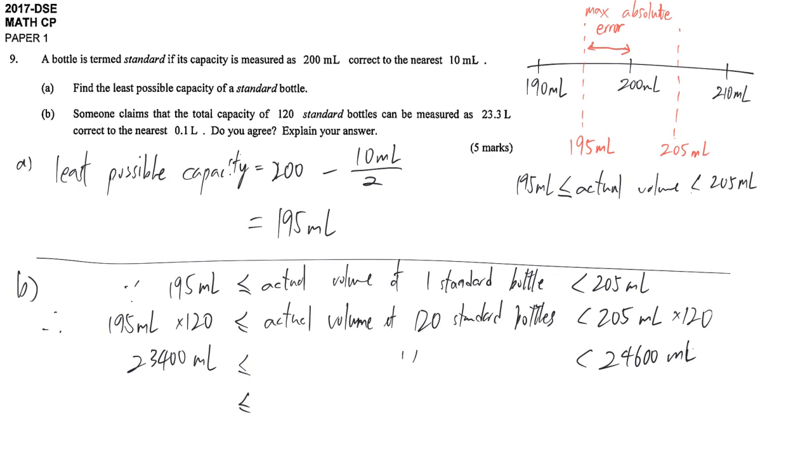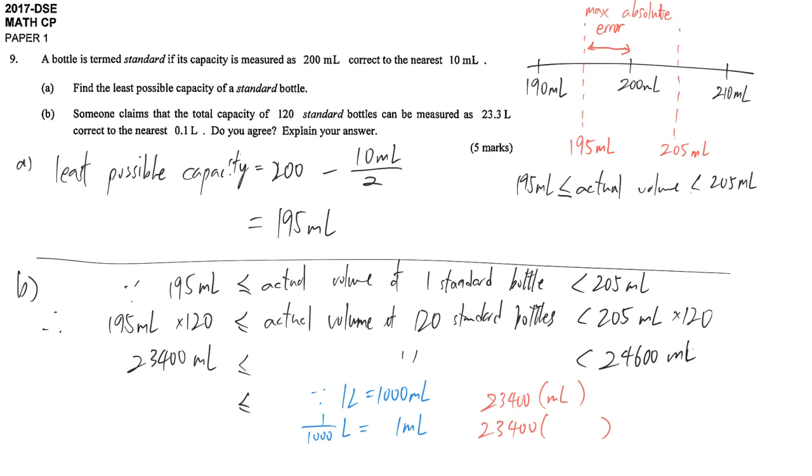We are now going to change it to liters. If you are not sure how to change ml to liters, then just in your draft write 23400 and keep a bracket for ml. Then think about the relationship between liters and ml. 1 liter is equal to 1000 ml, that's why 1 ml is 1 divided by 1000 liter.